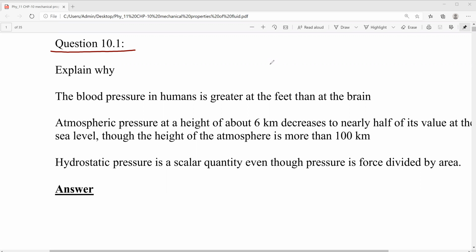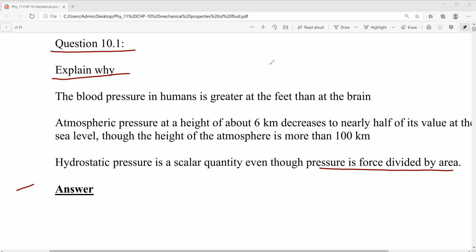Atmospheric pressure at a height of about 6 kilometers decreases to nearly half of its value at sea level, though the height of the atmosphere is more than 100 kilometers. And they ask, hydrostatic pressure is a scalar quantity, even though pressure is force divided by the area.